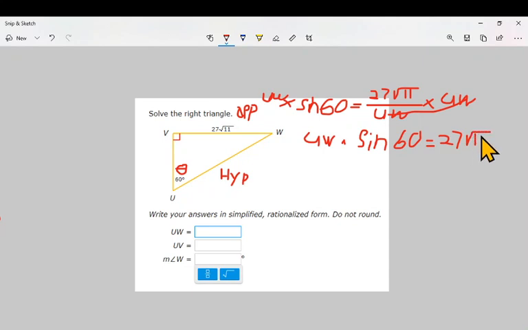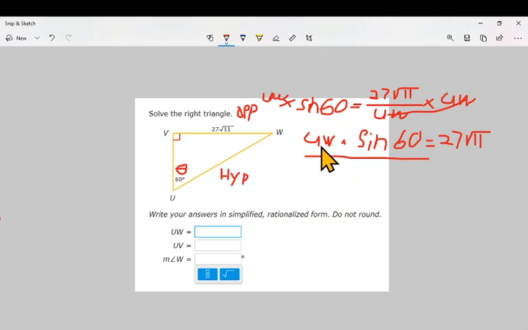Okay, now we still have to do one more thing to get UW by itself. We're going to have to go ahead and divide the entire thing by sine of 60. Because sine of 60 is sort of standing in our way when trying to get UW by itself.